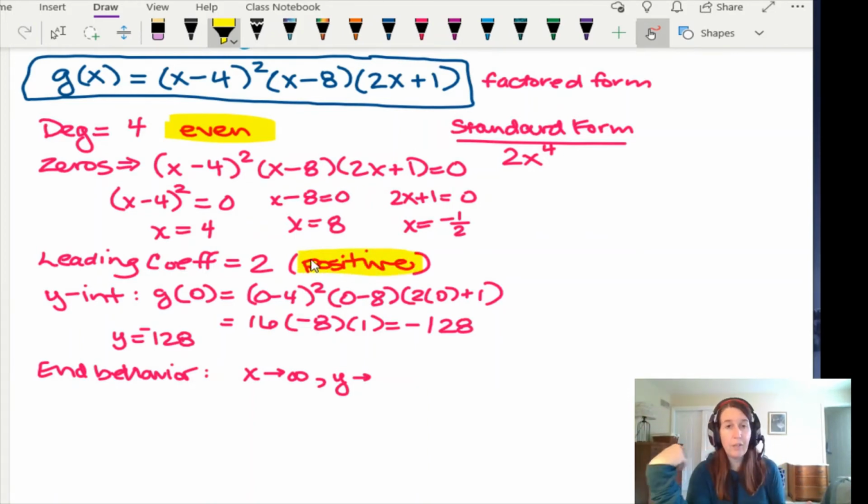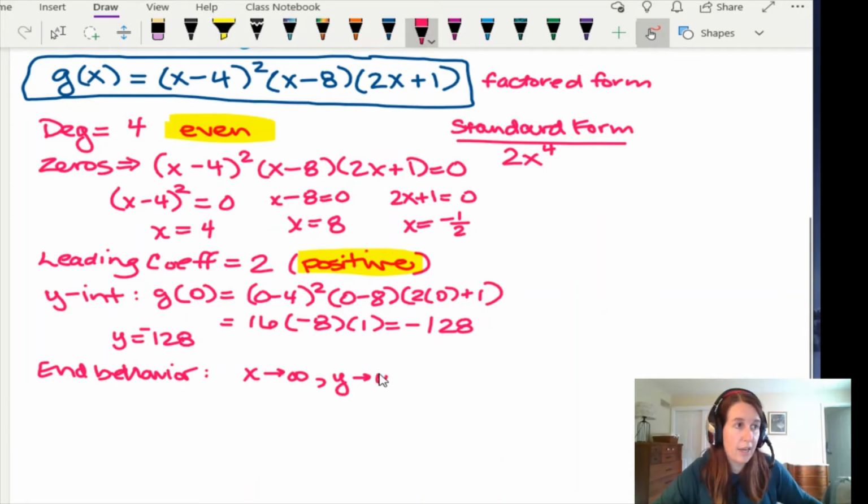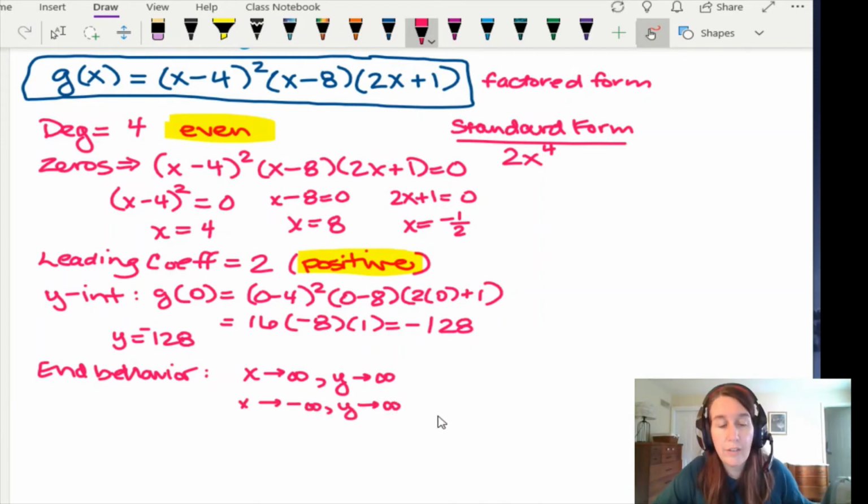So if we have an even degree, then the ends need to point in the same direction, up here or down here. So when the leading coefficient is positive, they go up. So that means that y will go towards infinity. And even as x goes to negative infinity, y will still be going to infinity.